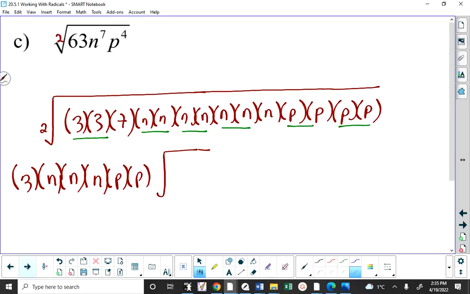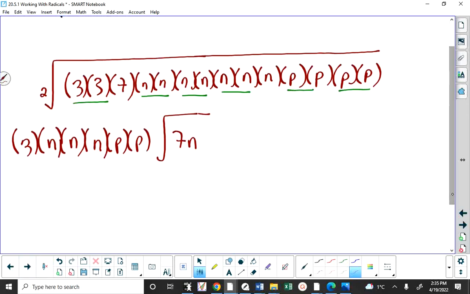And then what do I have left? I have a 7 and an n. Which gives me 3n cubed p squared square root 7n. Are we in agreement there?